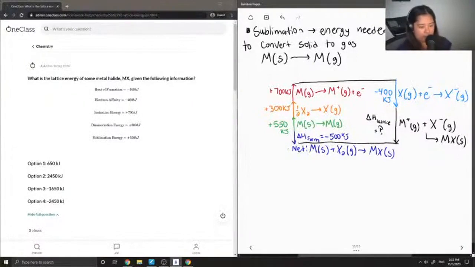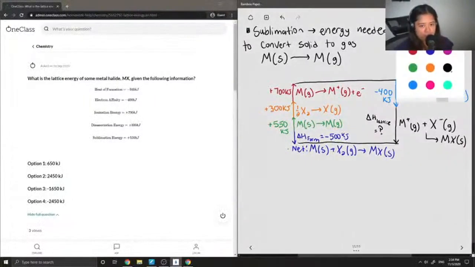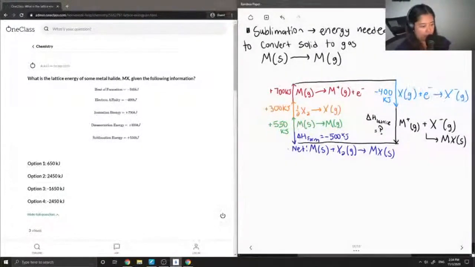We took our raw elements, converted the solid to gas, and then ionized the gases. And then once we have the ions, they come together to form our final product. So this can be written as an equation where your delta H of formation is equal to the sum of all these different energy steps.